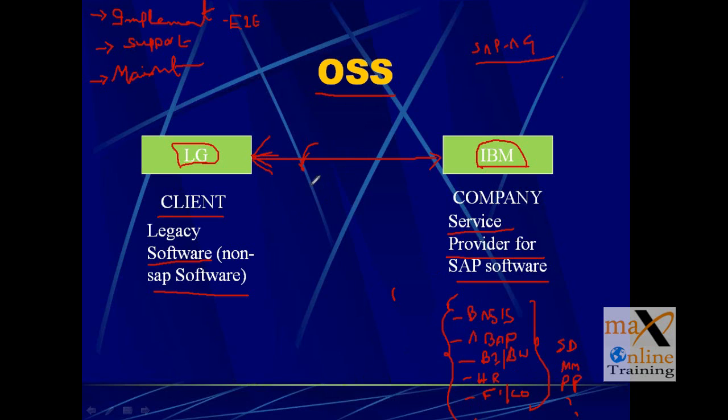So your project will start now. Under this project you will find so many phases, like project preparation, business blueprint, realization, final preparation, go live and support. If you are available from the beginning of the project, from project preparation up to go live, then you can gain one end-to-end lifecycle implementation experience.